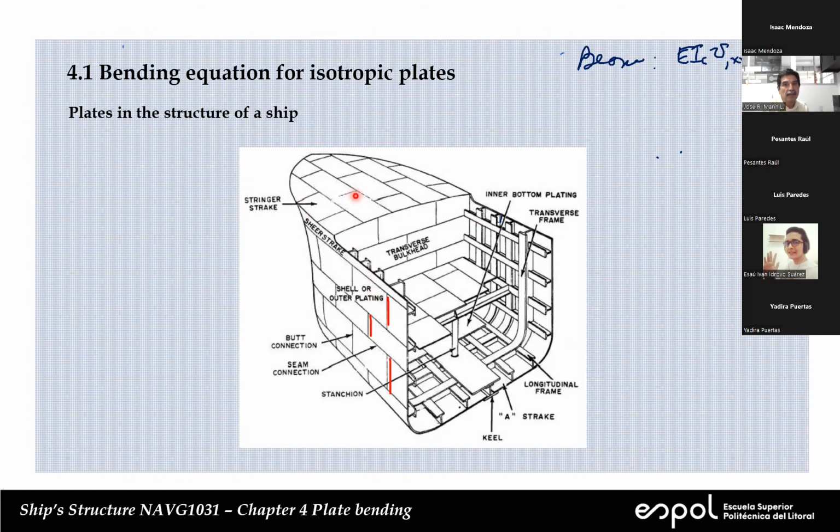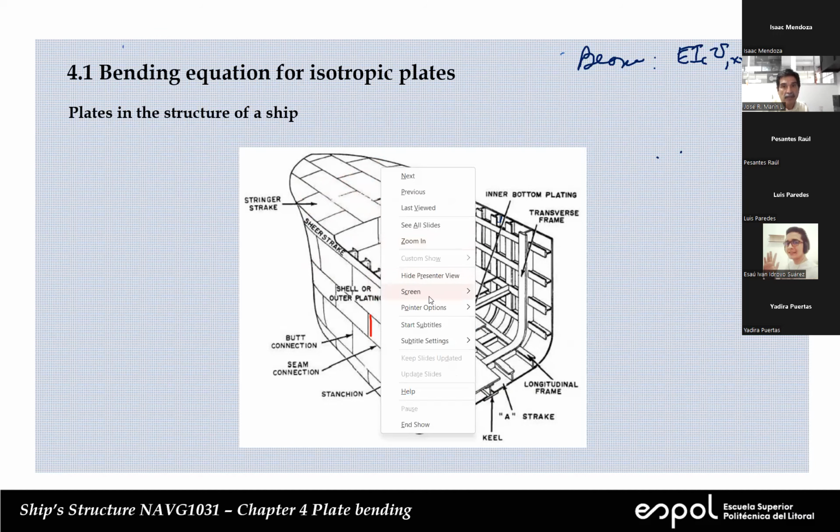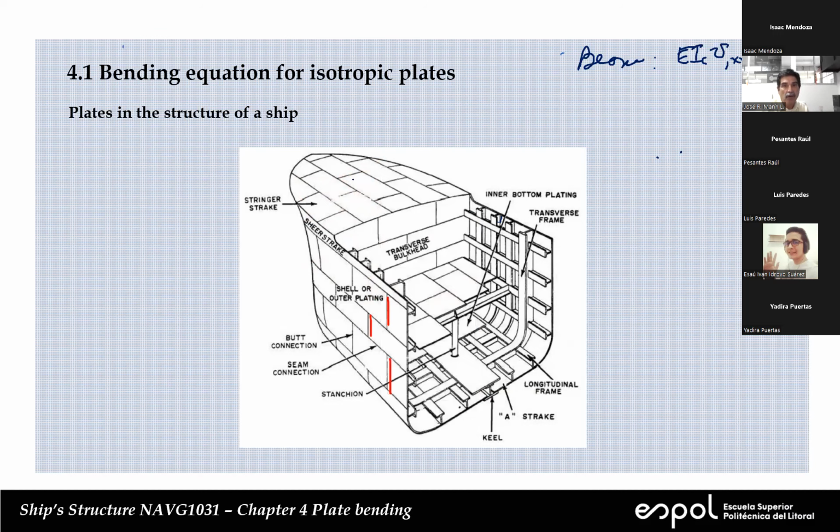Okay, for example, we can take some of these here, and we can assume that there's going to be some loading. Because of this loading, it's going to deflect. How much does it deflect? What are the levels of stresses that they develop? That's something that we need to calculate.